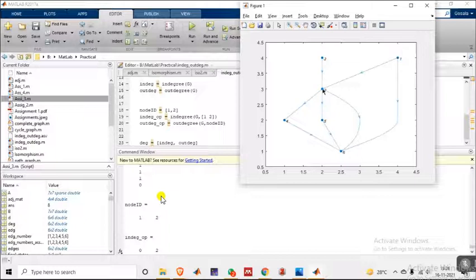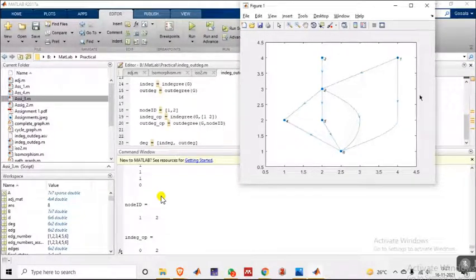Similarly, what is the in degree of 2? 2. And out degree of 2? How many edges are going? 1, 2, 3. So the out degree is 3.